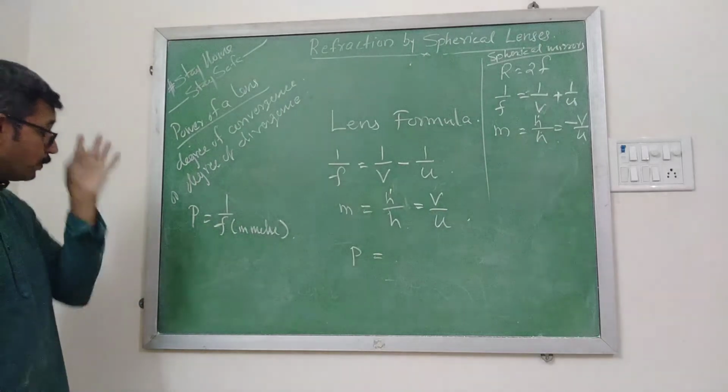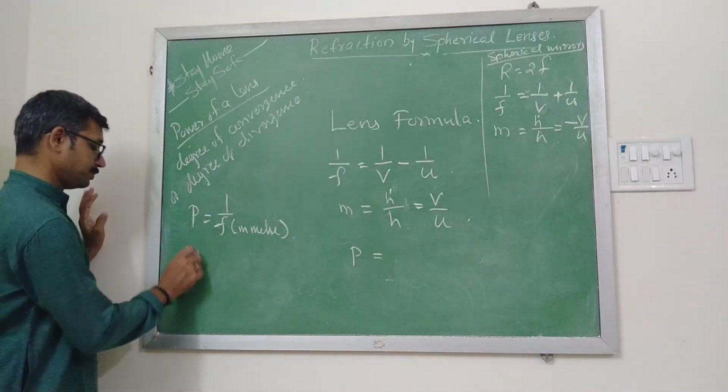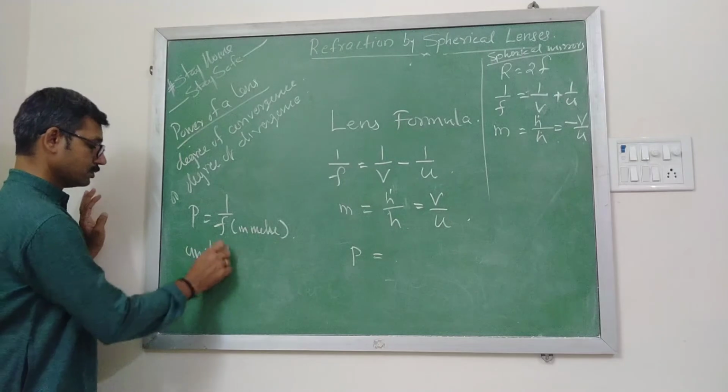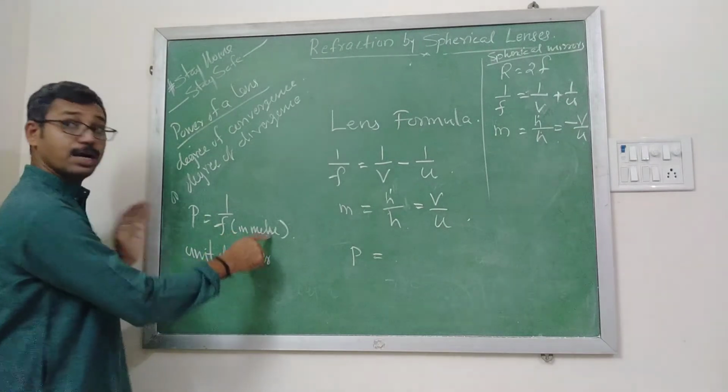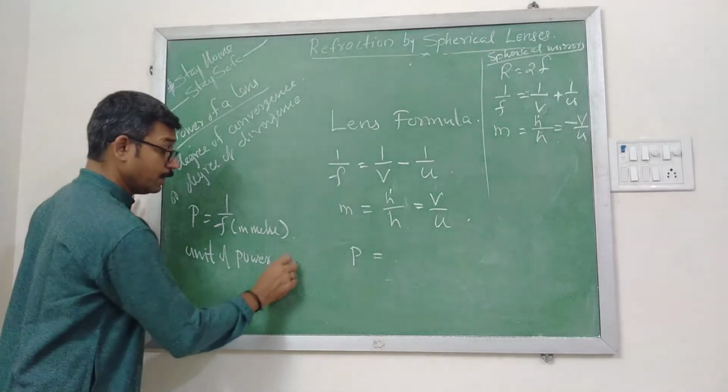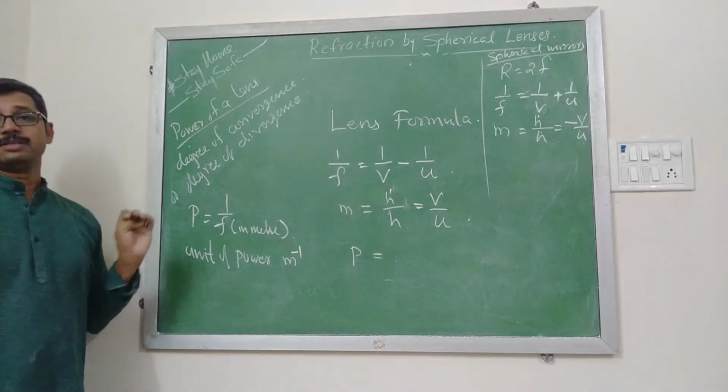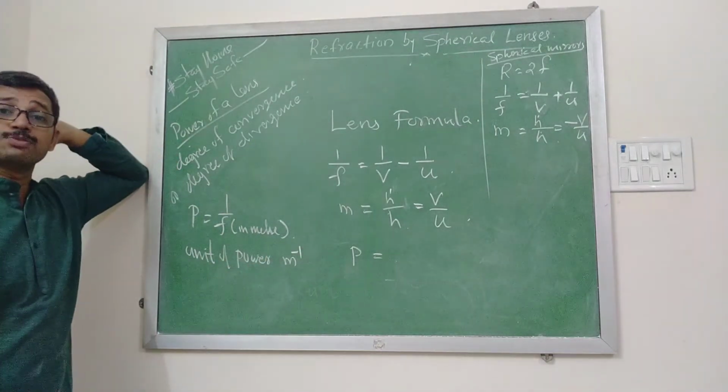Now the unit of power. What is the unit of power? It is one upon meter, that is meter raised to minus 1.